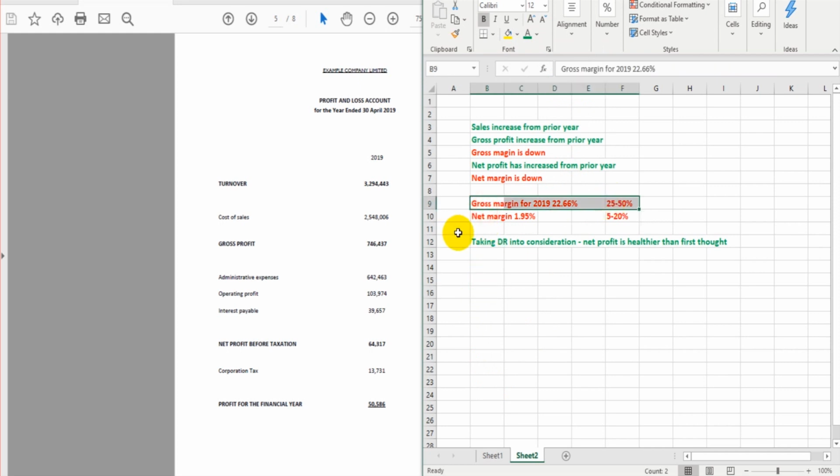That doesn't mean this changes gross margin, because this is admin expenses which comes off gross profit. But from a net margin, that 1.95% that doesn't look healthy could actually be more like 6, 7, 8% if that director's remuneration was reduced.